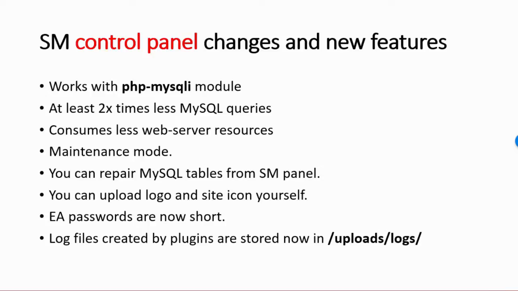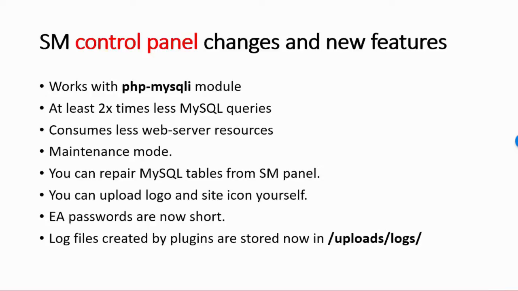Another thing I've upgraded is that I have re-optimized the code as well, so that Signal Magician makes at least 2 times fewer MySQL queries. This means it connects to the database 2 times less or even more, I think it could be even 3 times less. So what does it give?